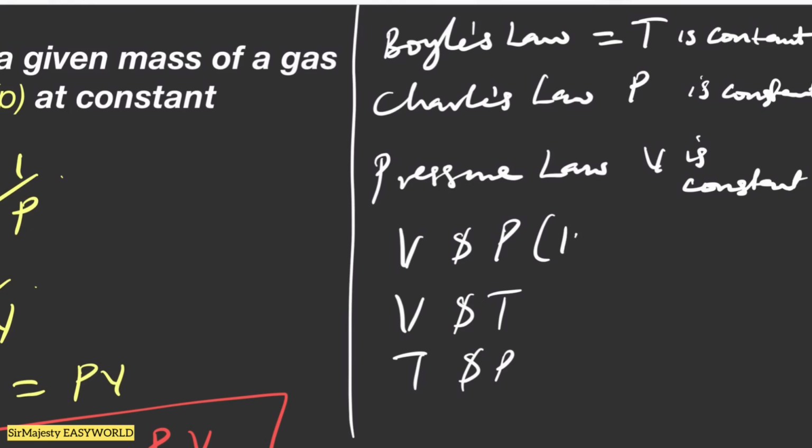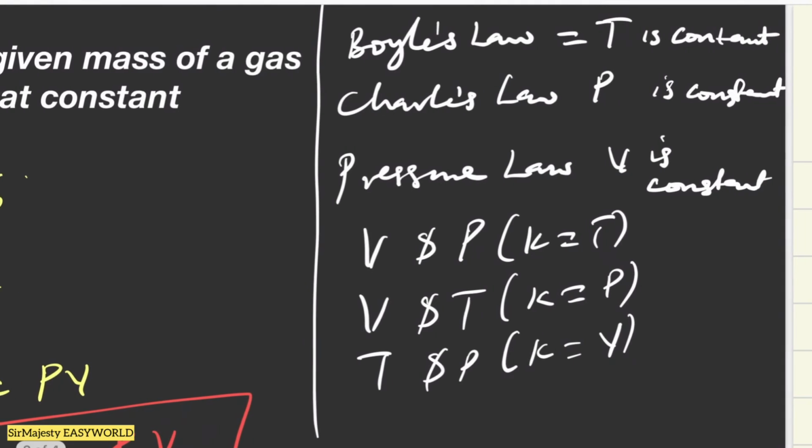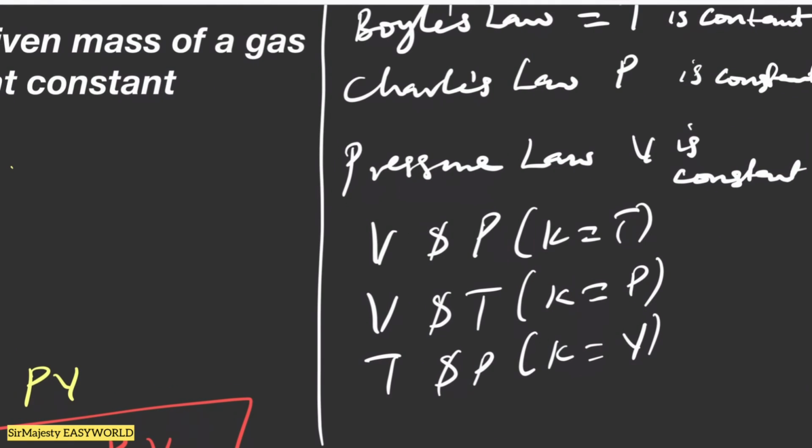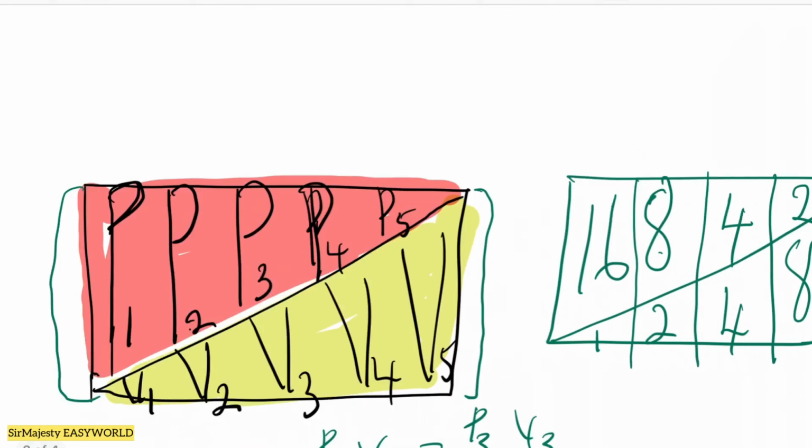So here the constant K is automatically T, here the K is automatically P, that's for Charles' law, and here K is volume. That's for the so-called pressure law, or Gay-Lussac's law, but not Gay-Lussac's law of combining volumes. And that reminds me, another name for Boyle's law is Mariotte's law. You can call it Mariotte's law. So Boyle's law can also be referred to as Mariotte's law.